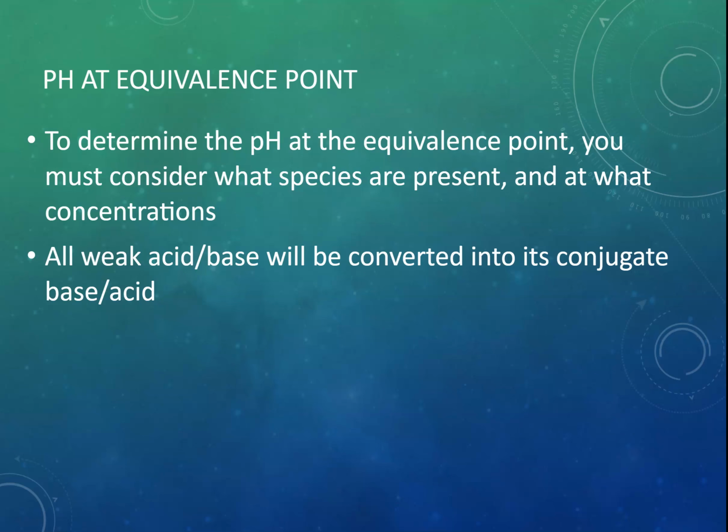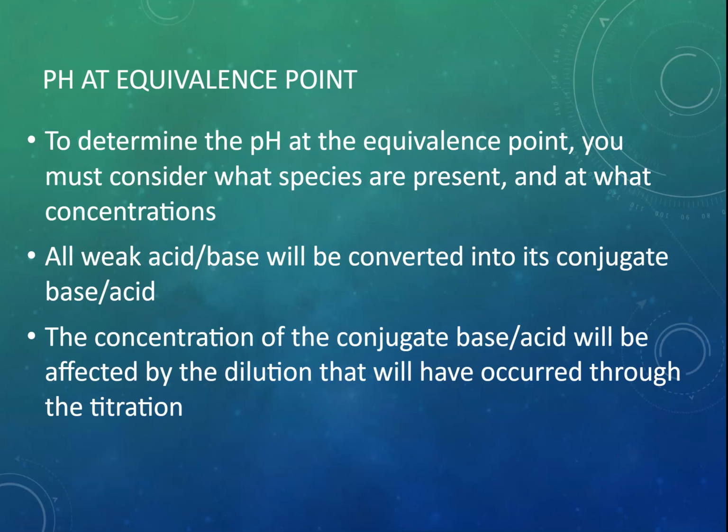So at the equivalence point, there will be none of the original or added weak acid or weak base present, because it will have all been converted into the conjugate acid or base. But the total volume of the solution will have changed because you've been adding the titrant as you've been going through your titration, which means that a dilution will have occurred.